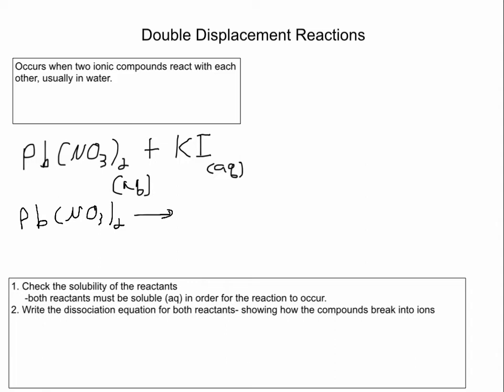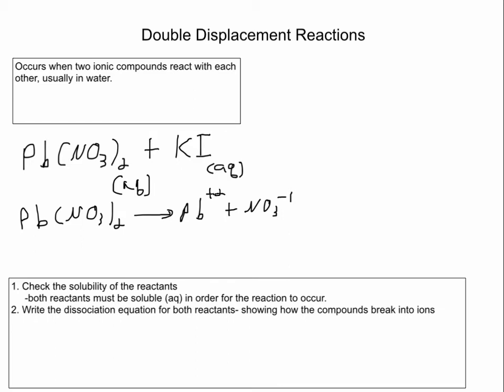So we have lead ions, and we need to figure out its charge. We know that there's also a nitrate ion, and nitrate, according to our chart of polyatomic ions, has a -1 charge. Since we have 2, we have a total of -2 for our nitrate charge, meaning our lead must be +2.